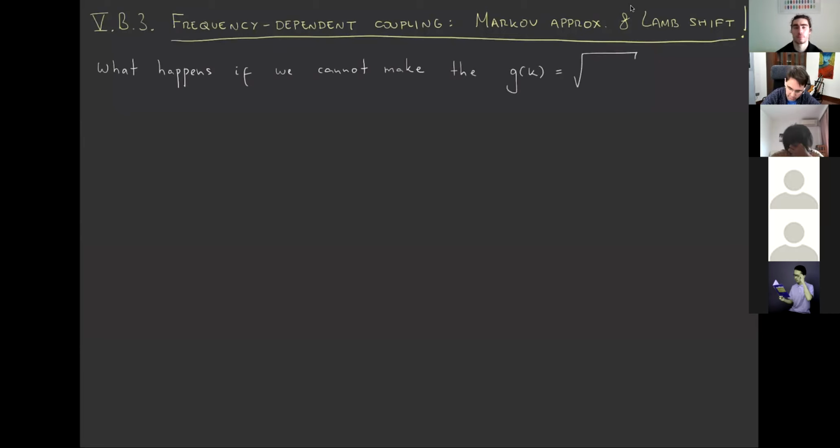So the approximation in which the coupling is just assumed to be independent of the frequency or the wave vector. And also we cannot make the approximation that we extend the integrations over frequencies to minus infinity. Okay, so what if we cannot do these approximations? Can we still proceed? Do we need some extra approximations to find a master equation?